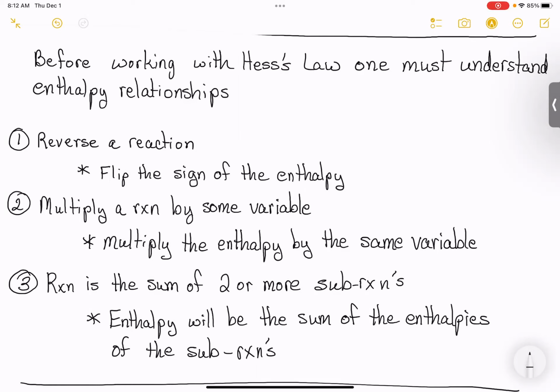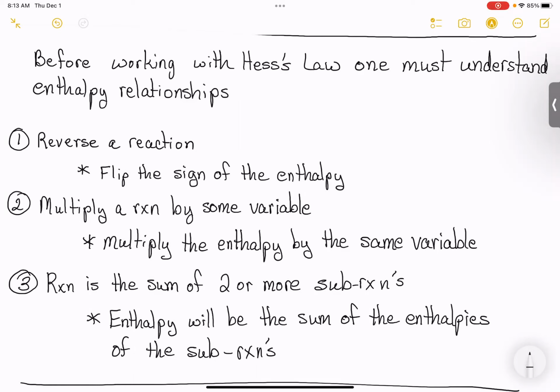Now, the second one we have not discussed at this point. But this one we're going to come back to not only with Hess's law, but we're actually going to come back to this probably briefly on the Thursday after exam 4. And that is, if you multiply a reaction by some variable, then you multiply the enthalpy by that same variable. So if I multiply the entire reaction by 2, then I would multiply the enthalpy by 2.